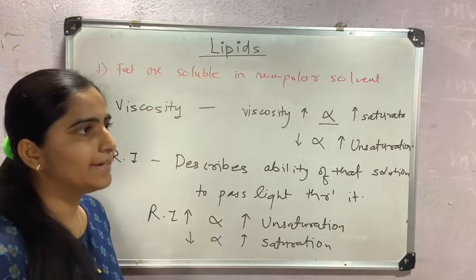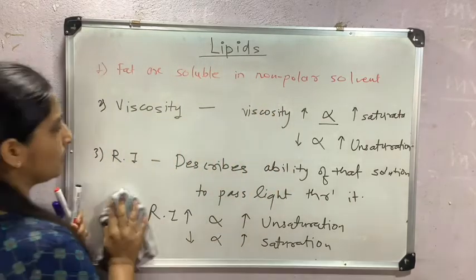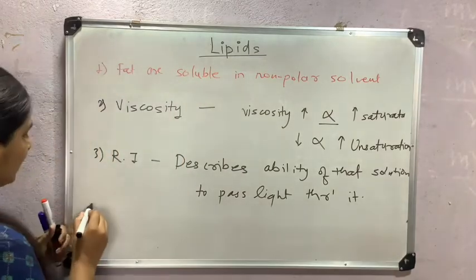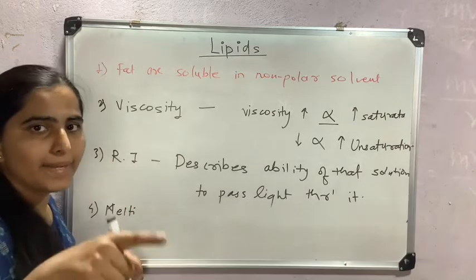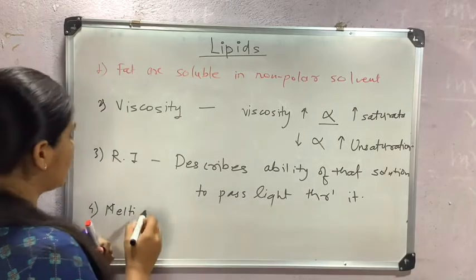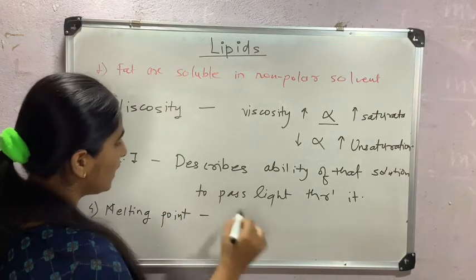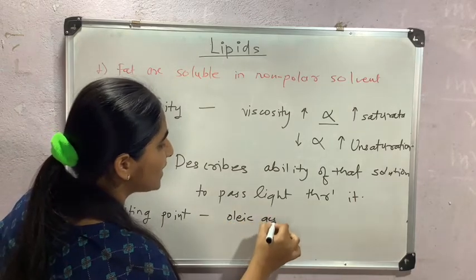And the fourth property is melting point. Different lipids with different structures have different melting points. Examples are oleic acid and stearic acid.